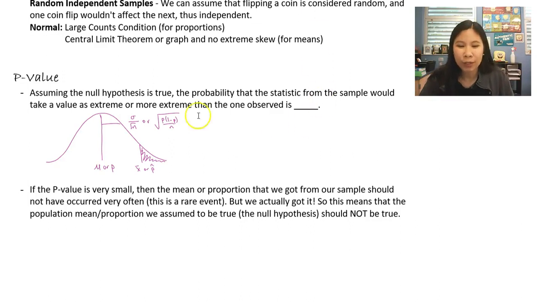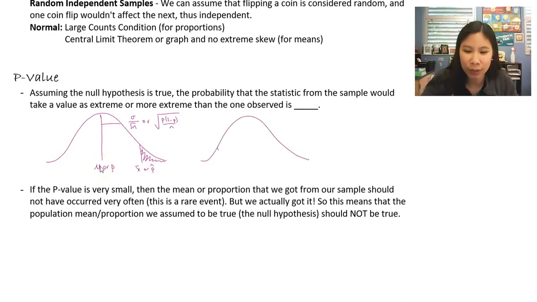So I want to go back to our picture right here really quick because right now we've shaded as if our mean was greater than whatever number. And we also talked about how you can shade if you got a sample proportion or mean that was less than, then you would be shading to the left.